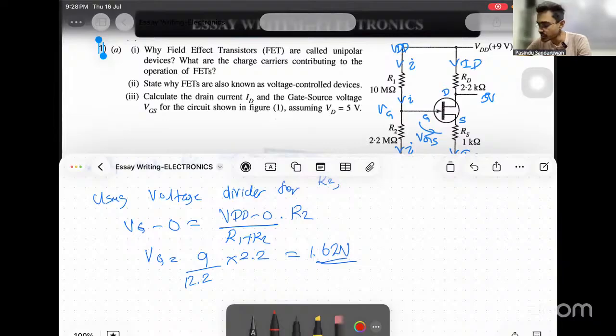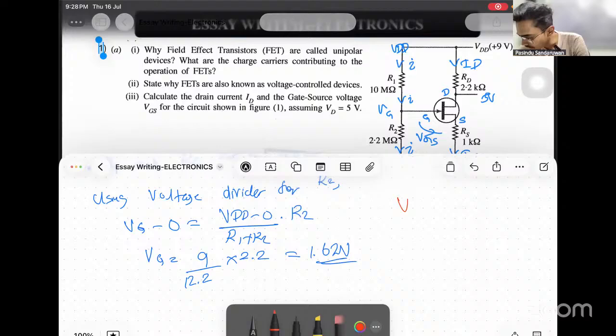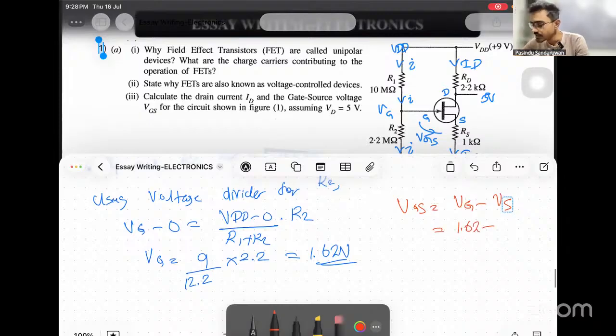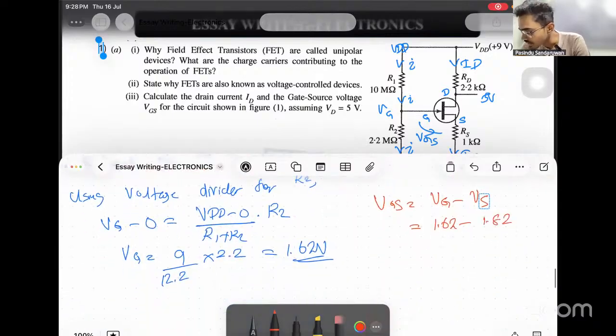Now our target was VGS. Then you can write VGS equals VG minus VS. VG is 1.62 and VS was 1.82. So VGS is minus 0.2.